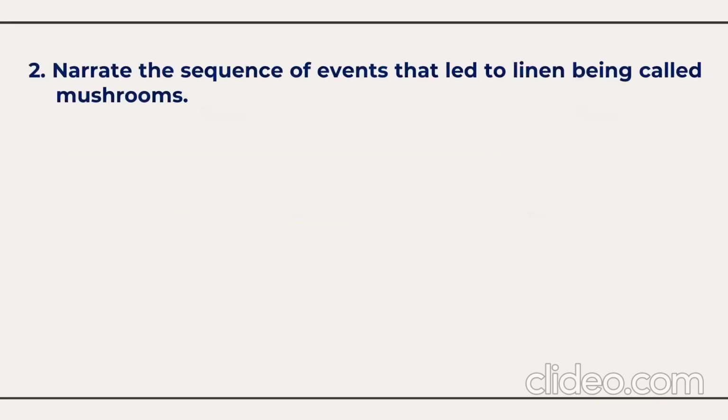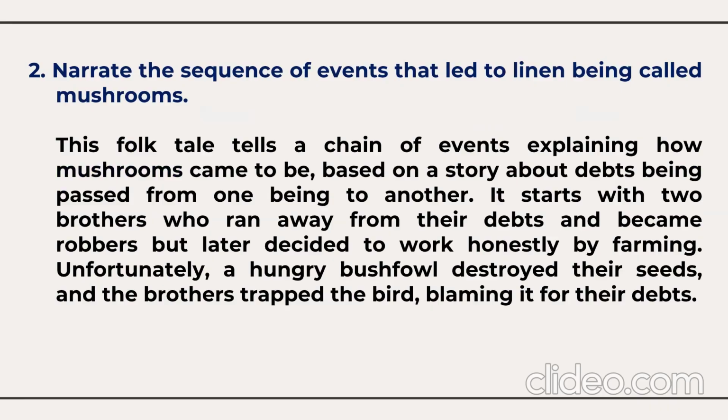Second question: narrate the sequence of events that led to the linen being called mushrooms, how it has become mushrooms. So, this folk tale tells a chain of events explaining how mushrooms came to be, based on a story about debts being passed from one being to another.